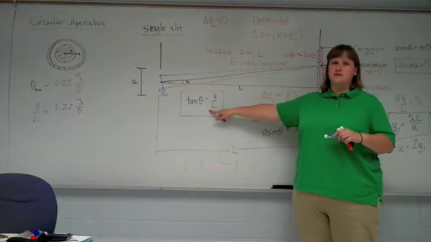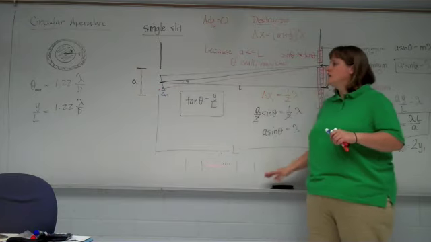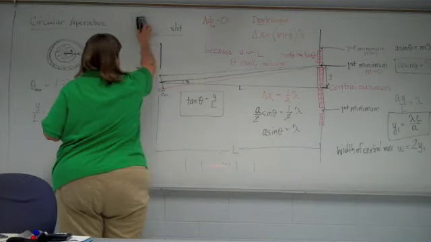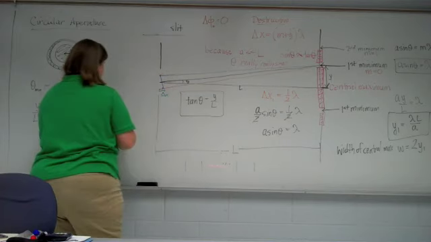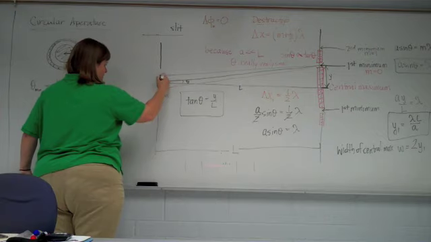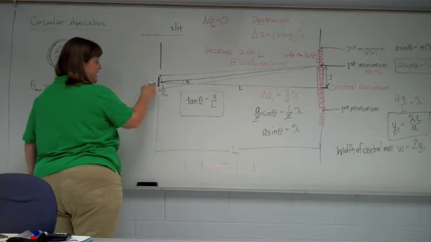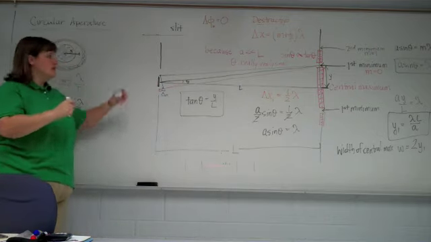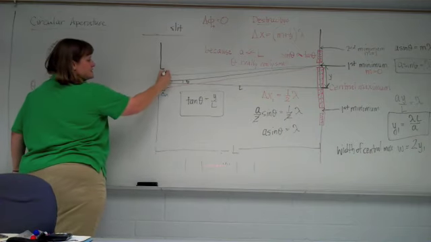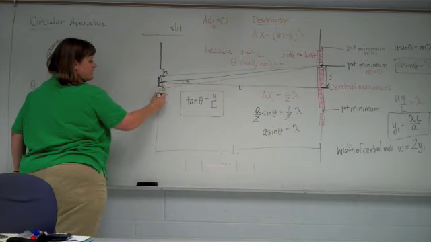This equation is still perfectly valid. We need to modify our picture ever so slightly. There's now a block right there. There's two slits. Each of these slits has its own width of a.